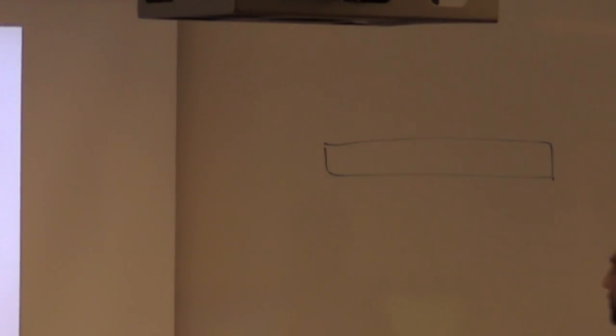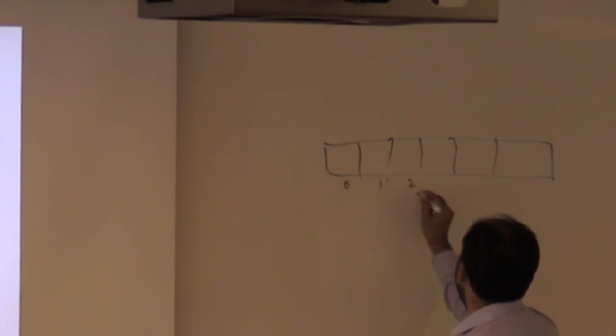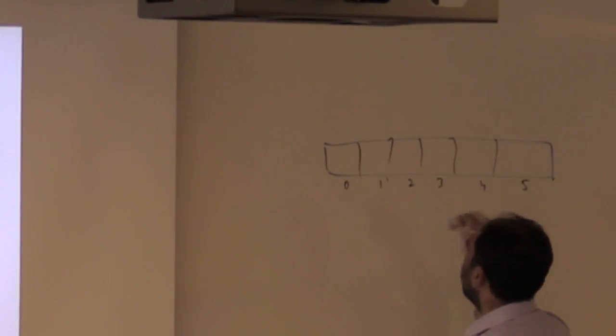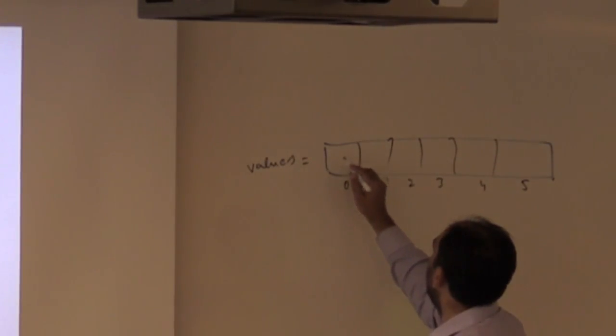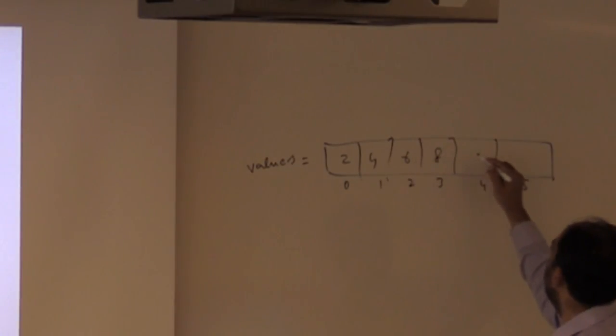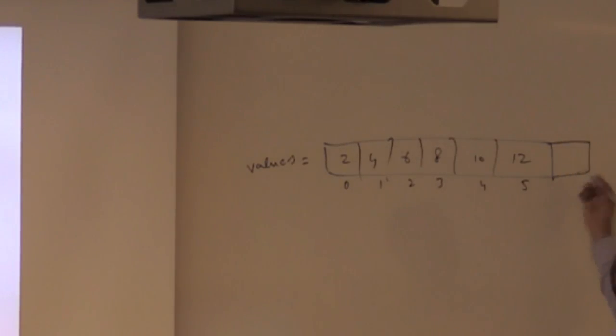So if we have these values at index 0, 1, 2, 3, 4, 5, and we have some values like 2, 4, 6, 8, 10, 12, and now we want to use the method add at. We don't have it here, but we have it in the implementation.